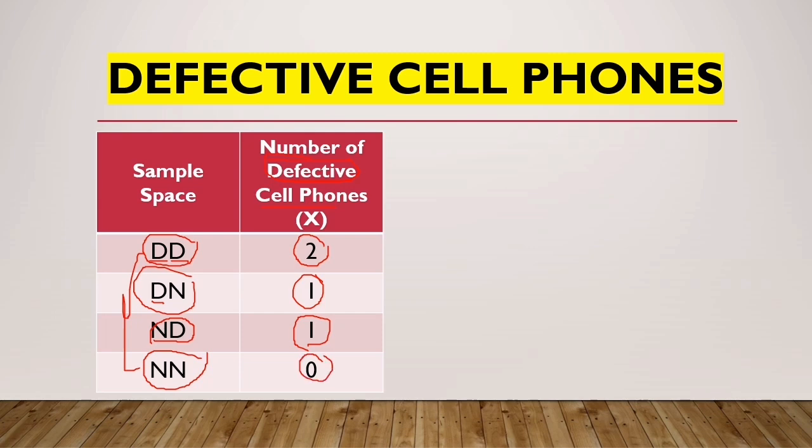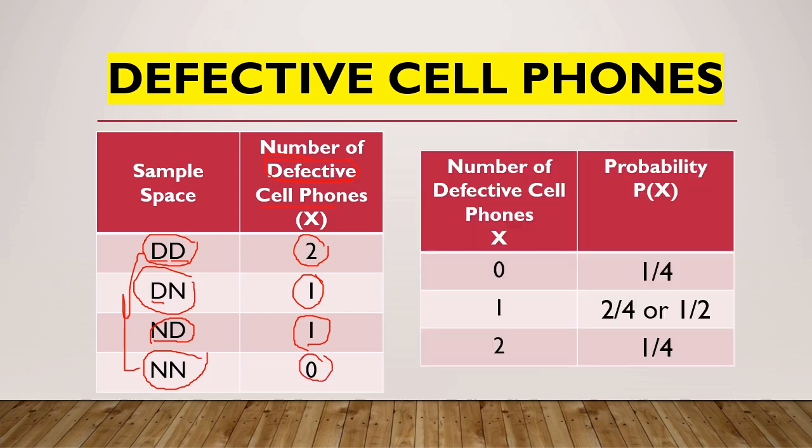What is the next step? Right, we are going to summarize our values. We have here the first column, the number of defective cell phones, labeled as X. From the table on the left, the possible values are 0, 1, and 2.